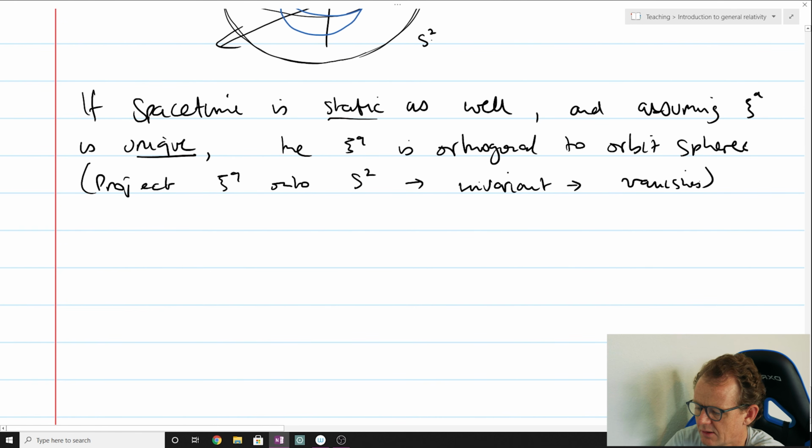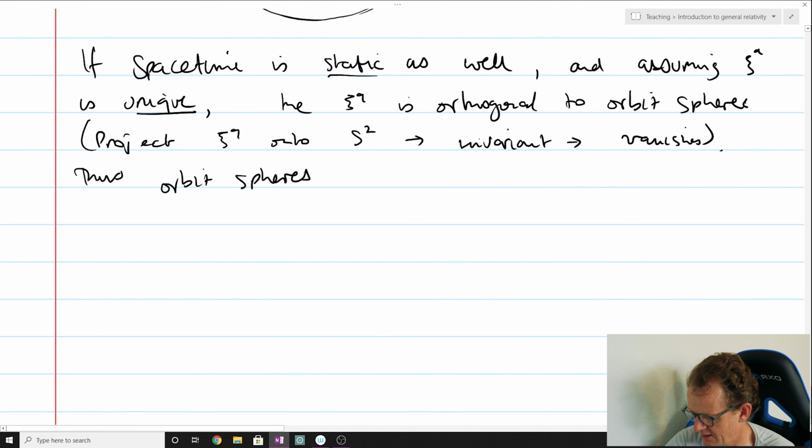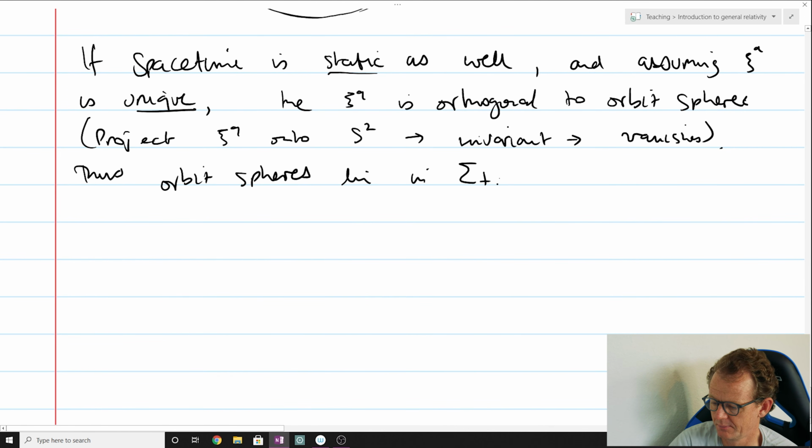So that's why xi^a is orthogonal to the orbit spheres. And thus the orbit spheres actually lie in Sigma_t, which is orthogonal to the xi's.